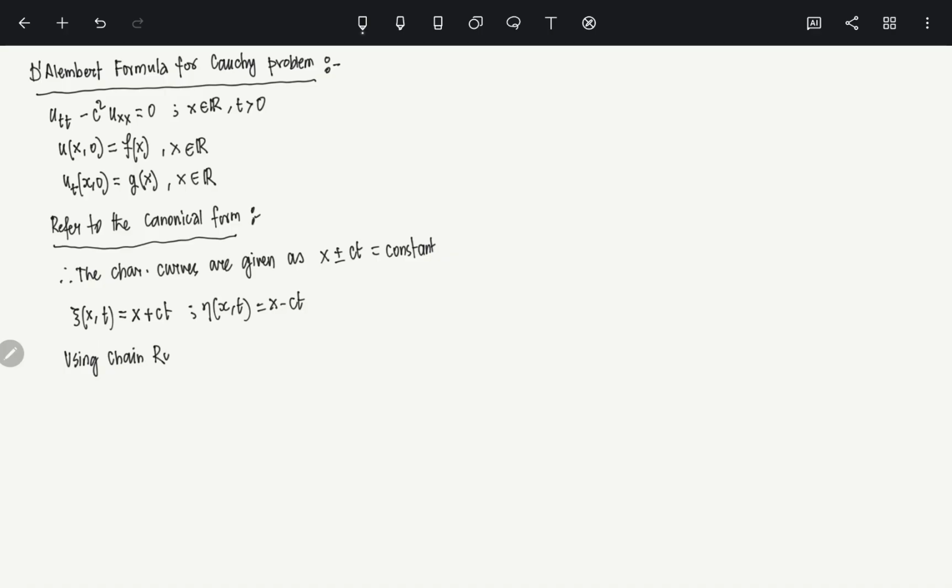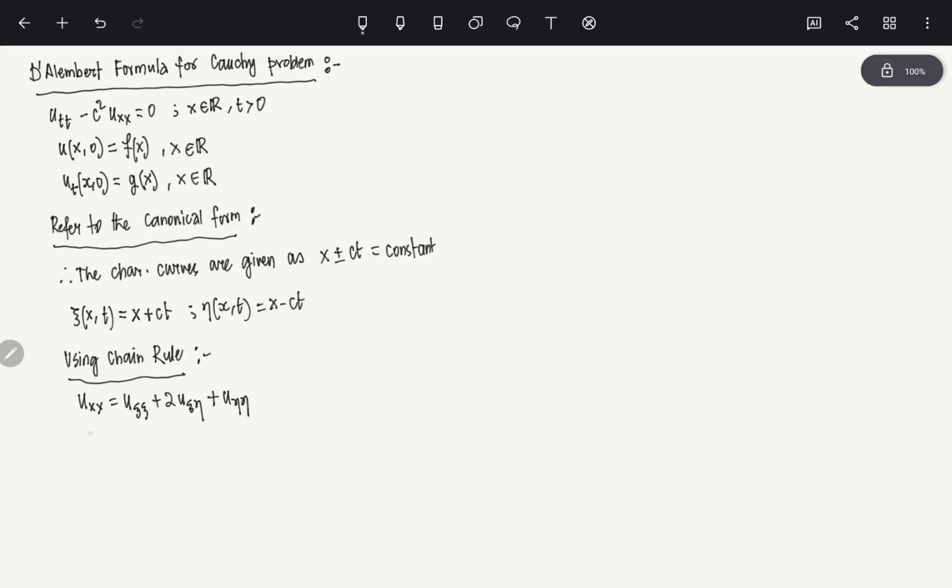We have already talked about this, so I am not going into details here. So what do we get? You get that this equation we can write like this: u_xx equals u_xi xi plus 2 u_xi eta plus u_eta eta.